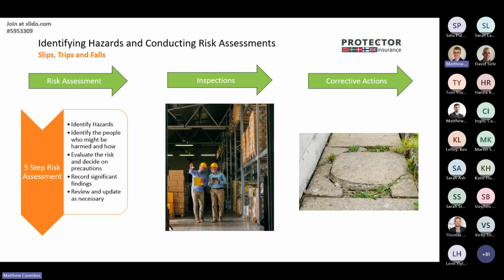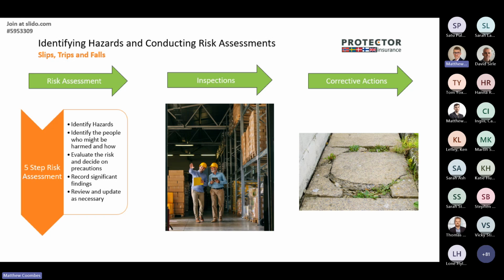Okay, so leading on to identifying hazards and conducting risk assessments. With a clear understanding of the causes, the next step is to identify specific hazards in your own workplace and conduct thorough risk assessments. This is an important part of that whole proactive safety management approach. Hazard identification should be a systematic process that involves multiple methods.